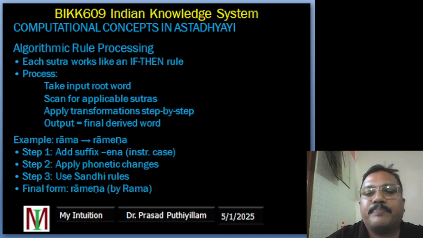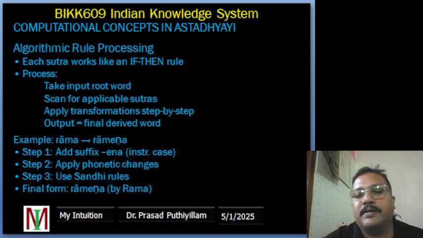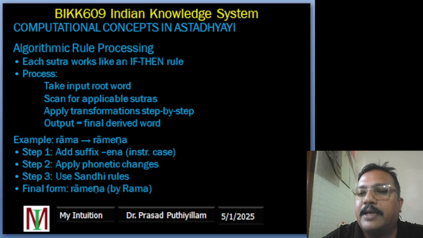For example, the word Rama: if we want to say "by Rama" in Sanskrit, it becomes Ramena. So there are steps you have to follow. Panini's rule says we must add ena for the instrumental singular.